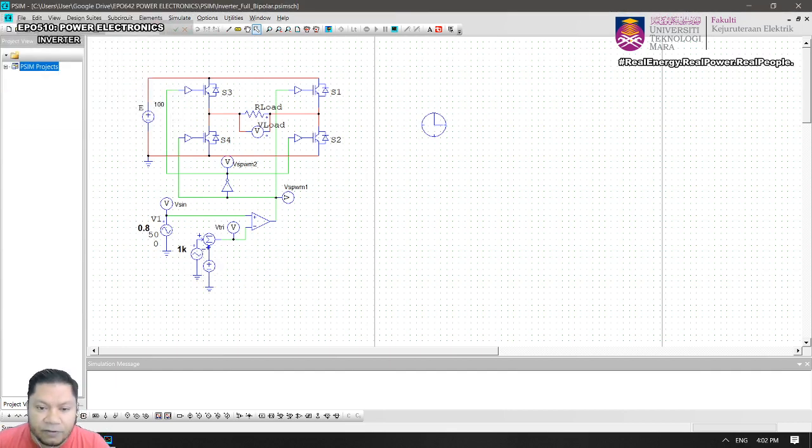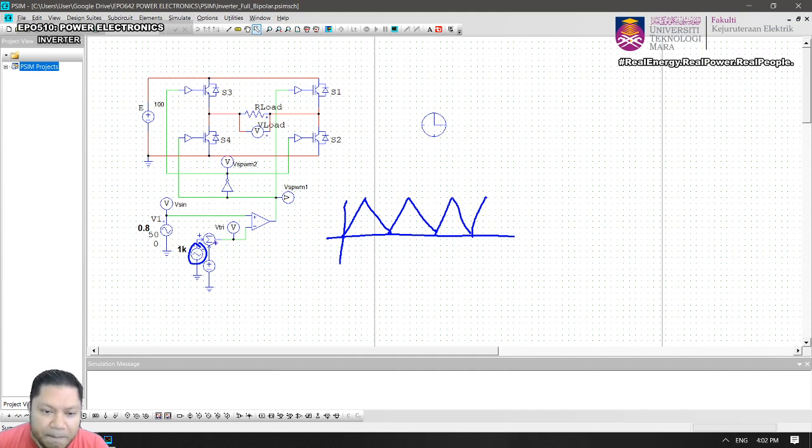This waveform, if you still remember what I mentioned just now, the triangular carrier source here will only produce this type of waveform. Now I subtract; this is a summation. So this signal will have 1 volt subtracted, so it will shift down by 1 volt.